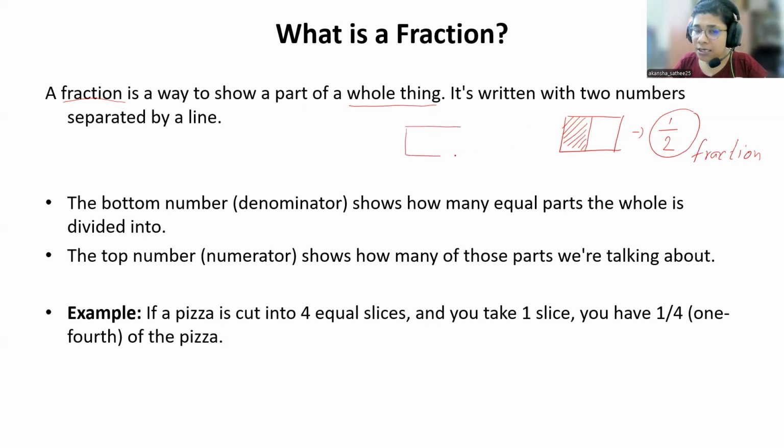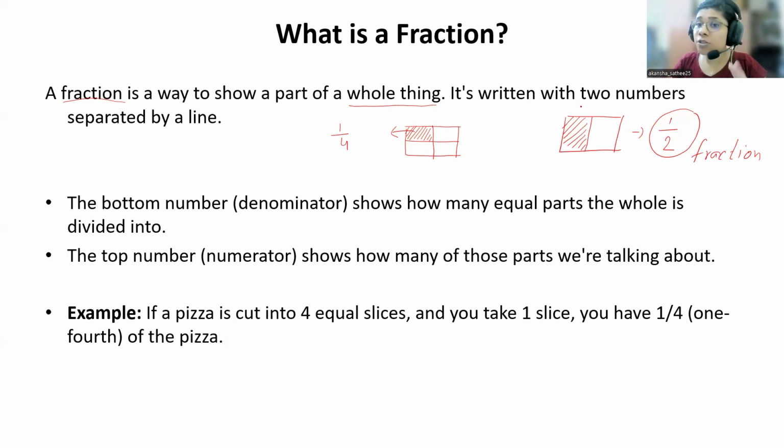Similarly, let's say this is your box. Let me divide it into four parts. And how will you define this particular part? This particular part is 1 by 4th part of this box. So the box is your whole thing and this particular part is 1 by 4.